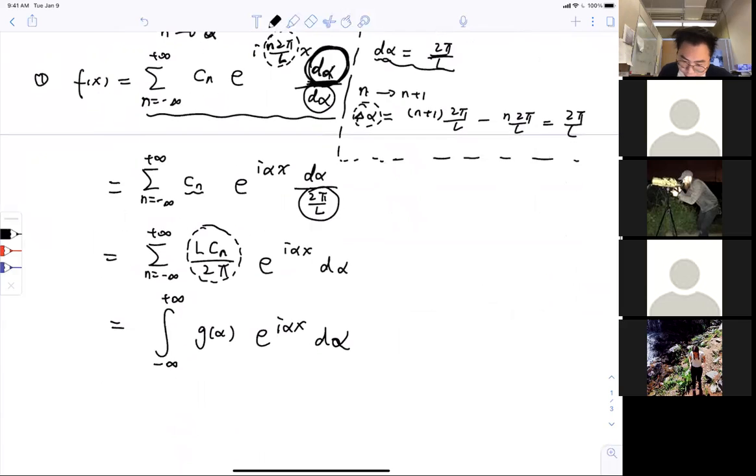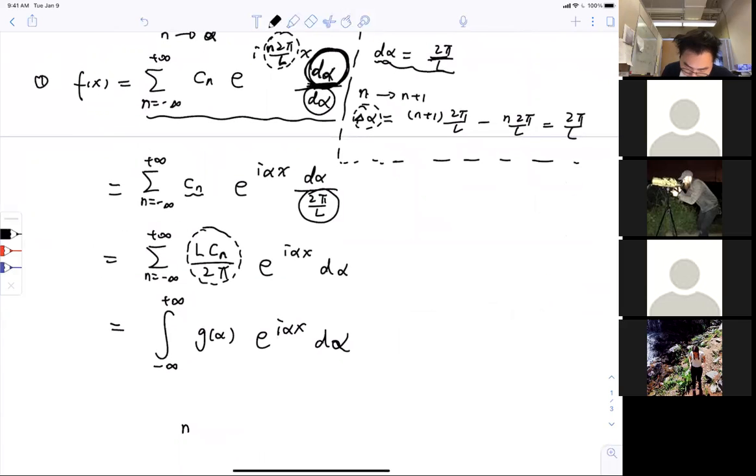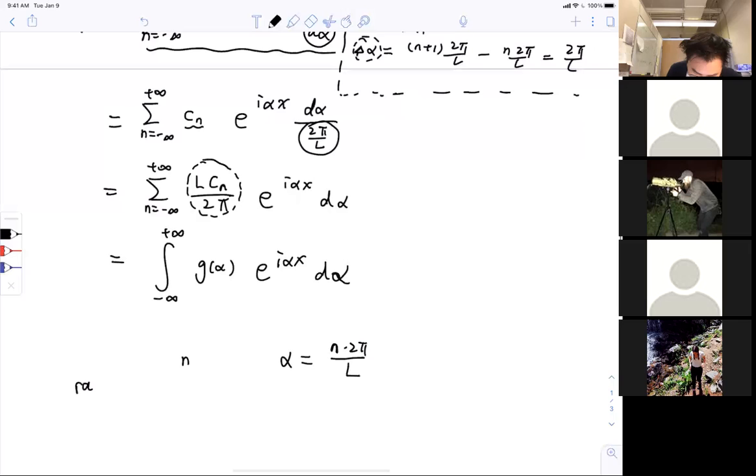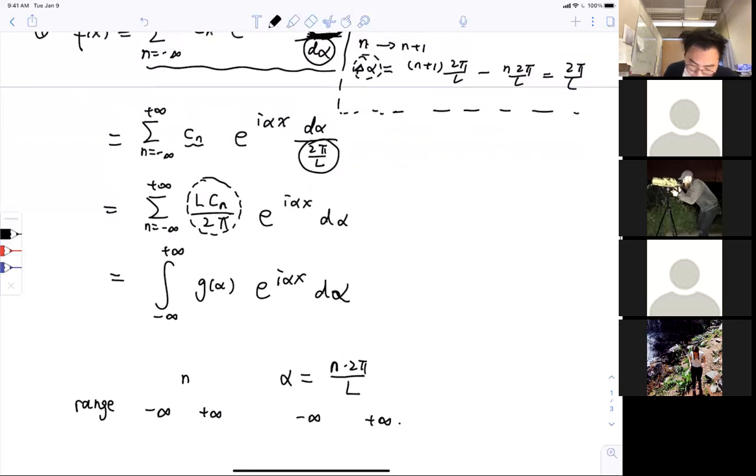Originally the variable is n, and now we set alpha equal to n times 2 pi over L. Let's look at the range. Originally, n is from minus infinity to plus infinity. Now it's also minus infinity to plus infinity. This is the reason why the integration range is from minus infinity to plus infinity.